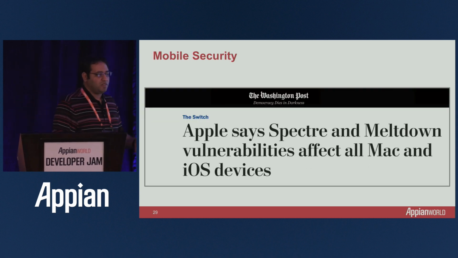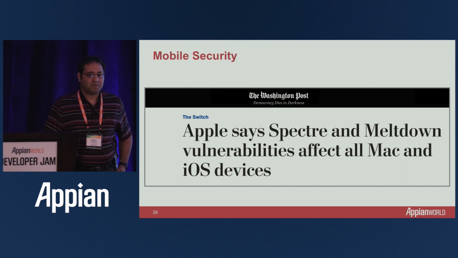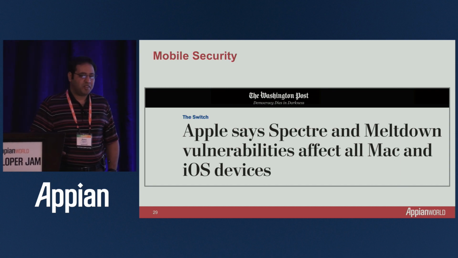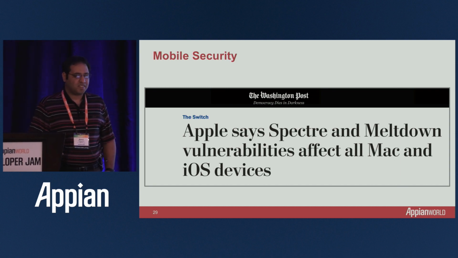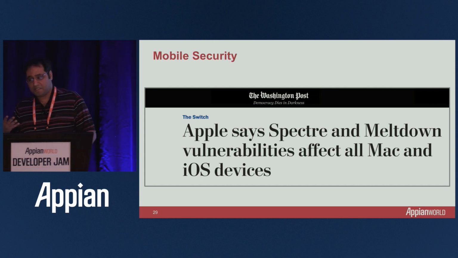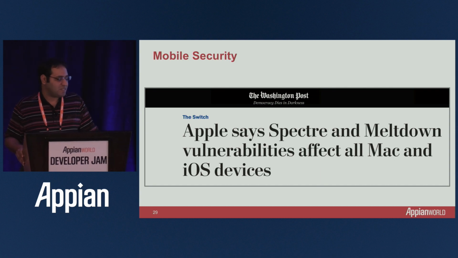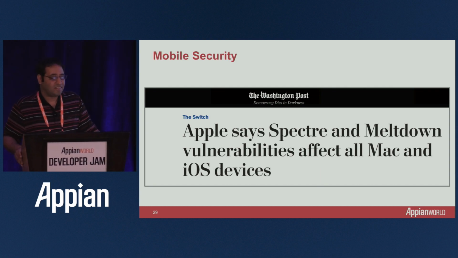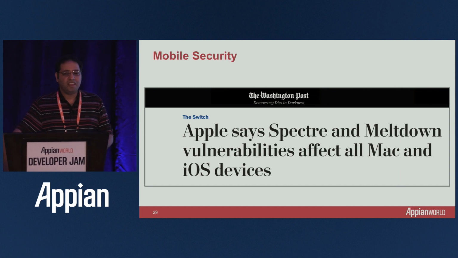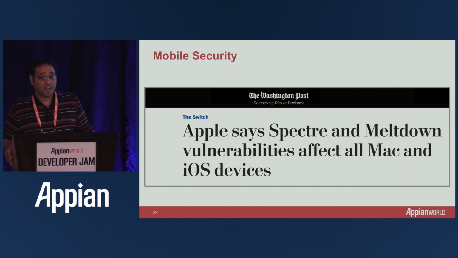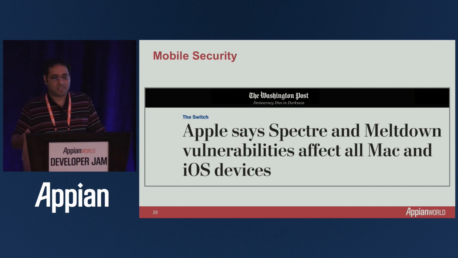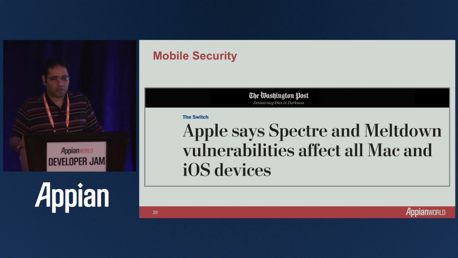So a few months ago, probably around January, you might have seen something like this. Basically, every chip in the world, on mobile devices, laptops, desktops, the cloud, is vulnerable to the Spectre and Meltdown vulnerabilities. So you wake up with something like this and say, all right, we hear that there were software patches applied to mobile devices, but how do you prevent vulnerable devices from connecting to your enterprise environment?